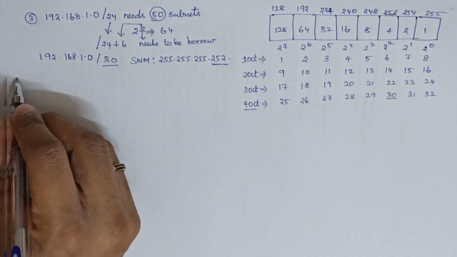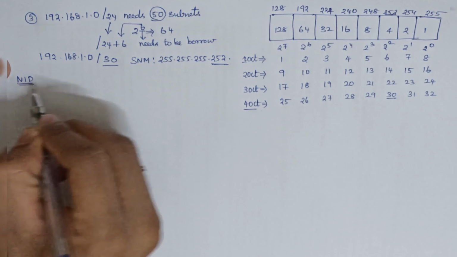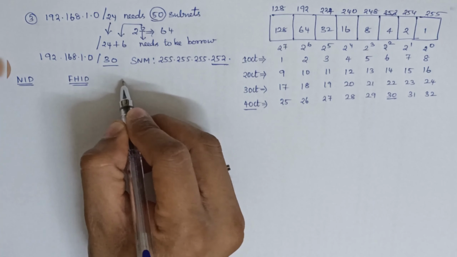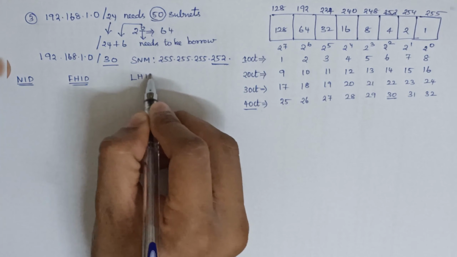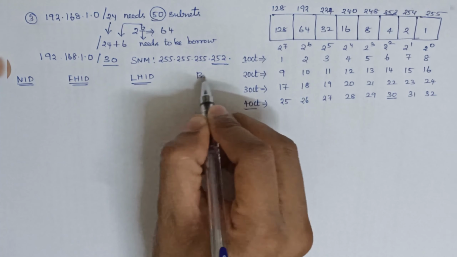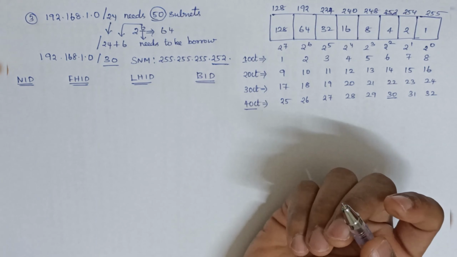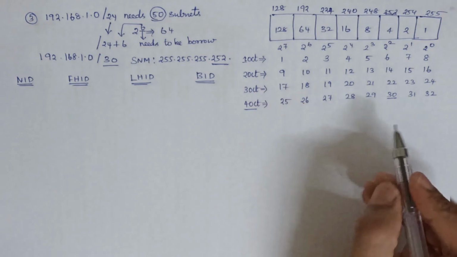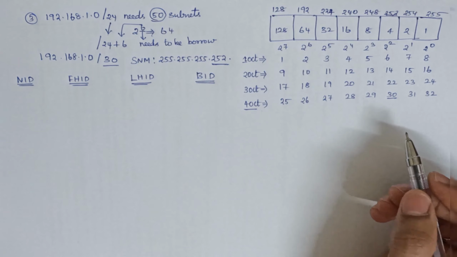Network ID, first host ID, last host ID, and broadcast ID we have to compute. This chart will be very useful to do all these things. If you have this chart, you will do the subnetting within 1 or 2 minutes very easily.